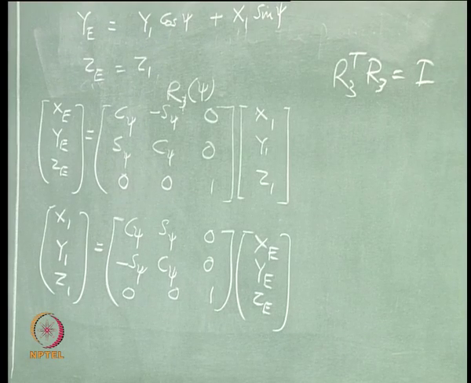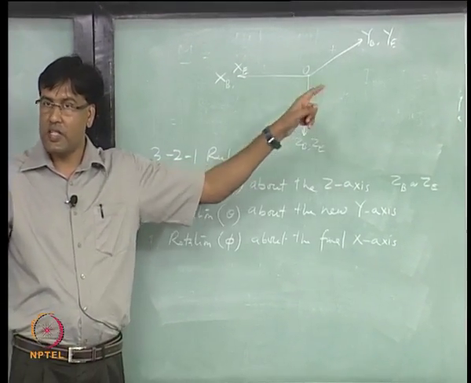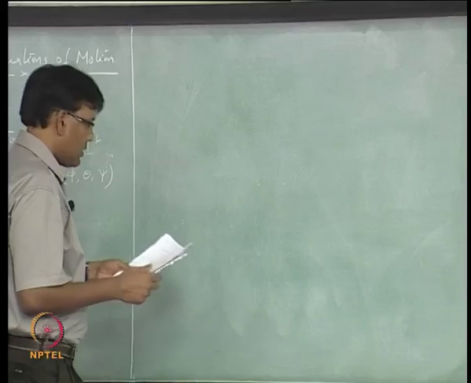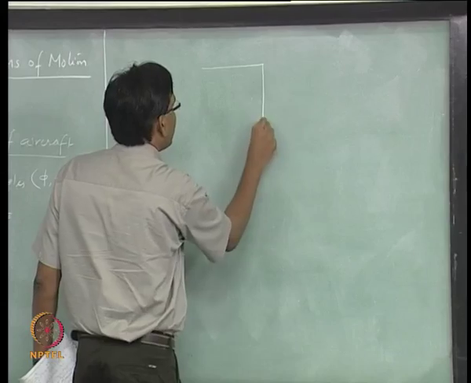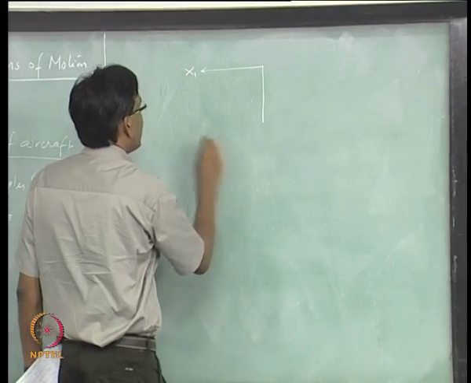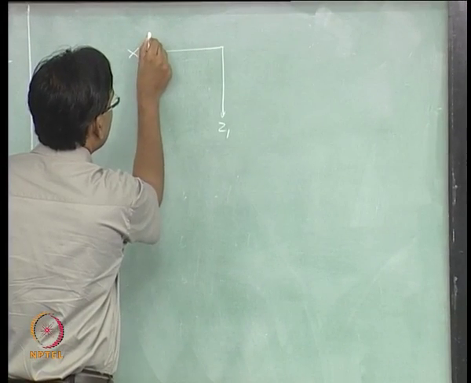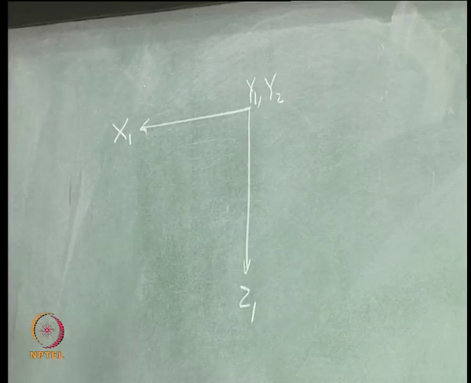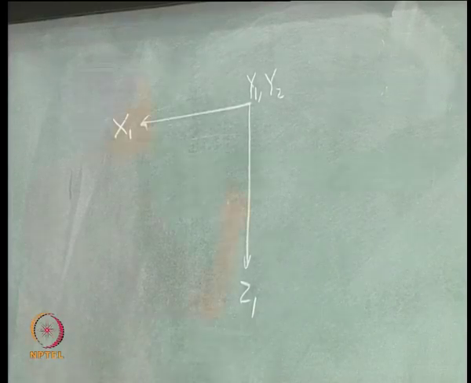Okay. Now, this next rotation, this theta, is about the new y axis, which is y1, right. The rotation is about y1, so y2 is going to be y1, right.